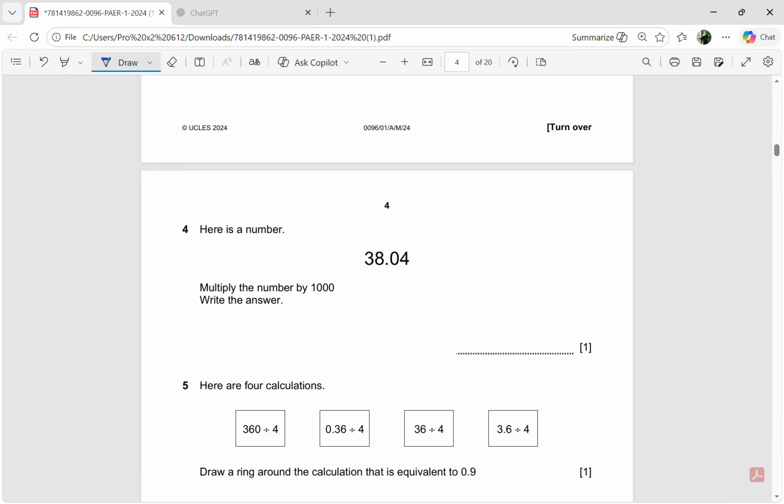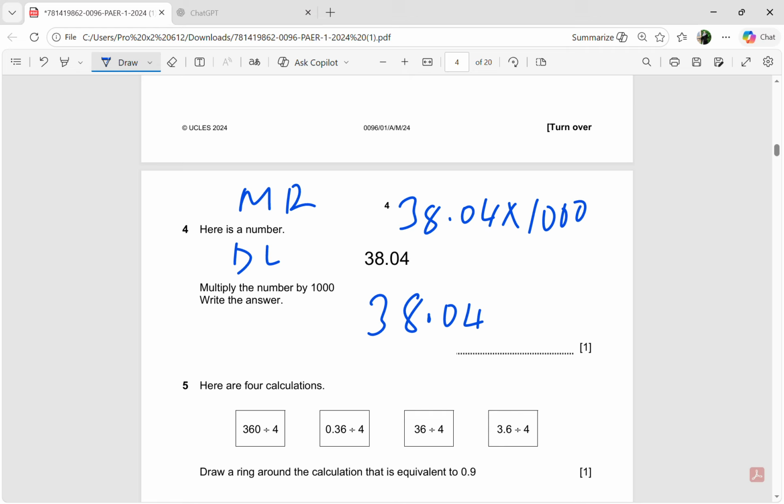So here is a number. We have 38.04 multiplied by 1000. So if we take 38.04 times 1000, we use Mr. DL. Multiply, we move to the right; division, go to the left. So this is 38.04.